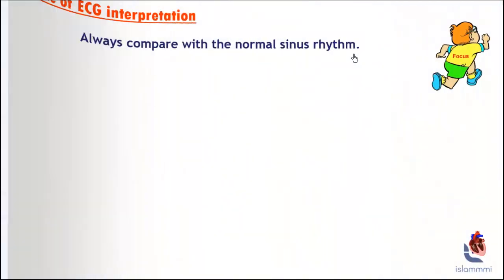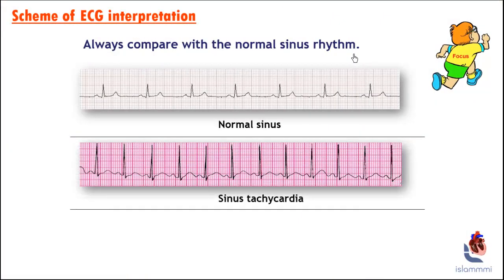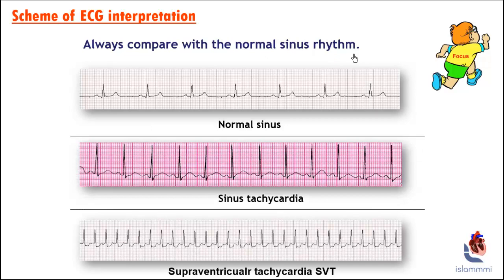And always compare with the normal. I brought this exactly to know the difference between the normal heart rate, the sinus tachycardia, and the supraventricular tachycardia, or SVT. Okay? So here this is normal heart rate, 75. Here this is sinus tachycardia, heart rate almost 100.